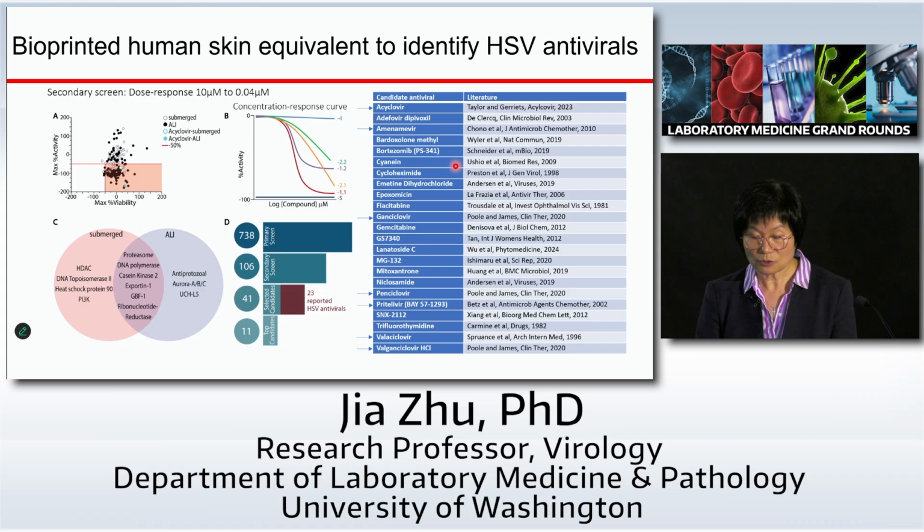This includes all 5 of the acyclovirs and 2 helicase primase inhibitors, amenamevir and pritelivir. Amenamevir was approved in Japan early this year for treating HSV infection, and pritelivir is still in phase 3 trials in the U.S. for immune-compromised patients.